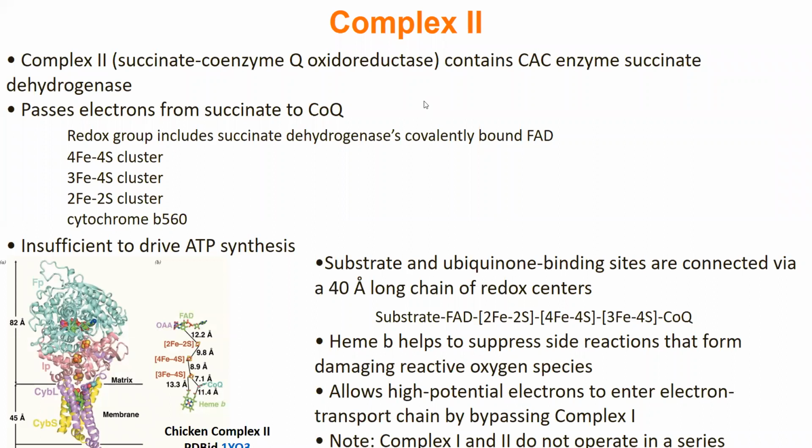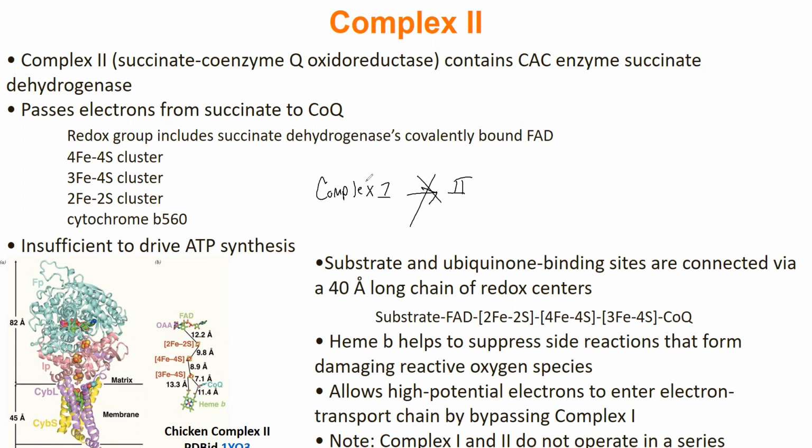All right. So we're going to continue with our complexes now. And next is complex 2. And one thing to note for the electron transport chain, even though it's named complex 1 and complex 2, you never go from 1 to 2.